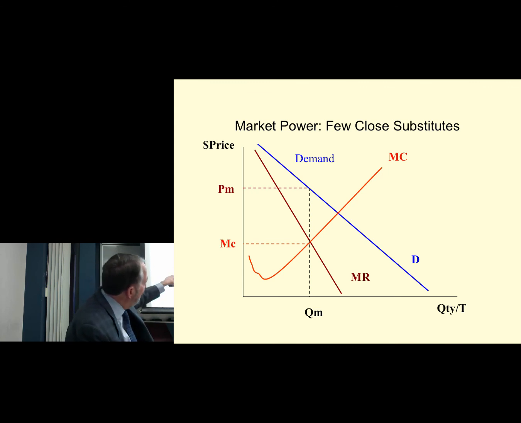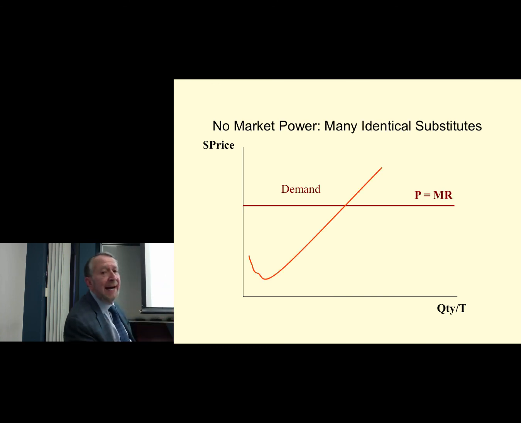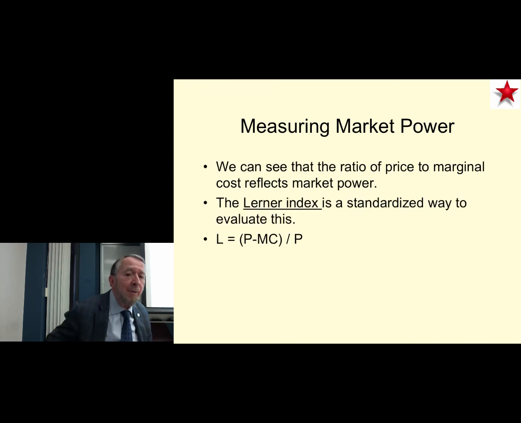Price minus marginal cost is that area. Divide that by the whole area. Looks like it's about 0.5. And for the tuna fish, price minus marginal cost looks like it's about 20% of the price. So the Lerner index is a ratio between 0 and 1.